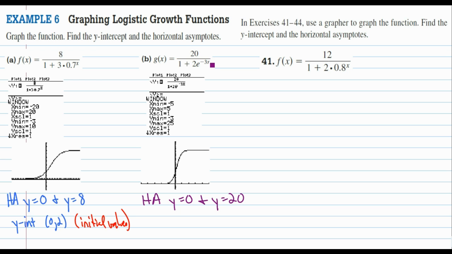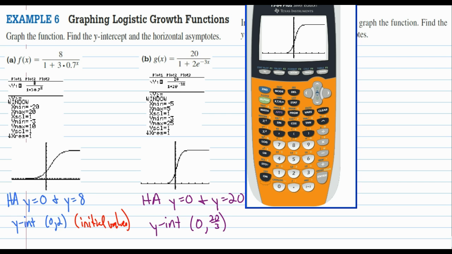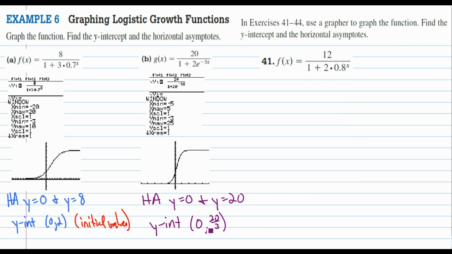Let's see, if I plug in 0, and then e to the 0 would be 1, so then I have just 2 over here. 1 plus 2 is 3, so it would be 20 thirds. (0, 20/3), which I think is 6 2/3. Yeah, it even came out of my calculator as 20 thirds. Cool. Which again is also the initial value.